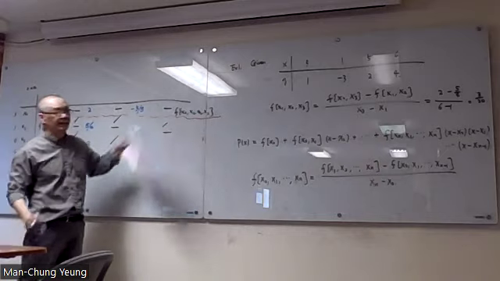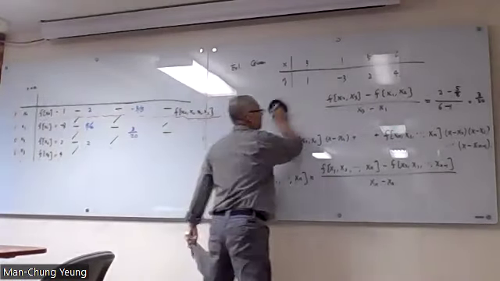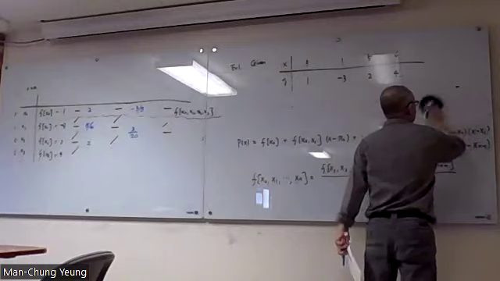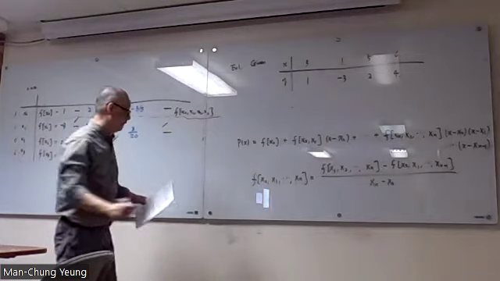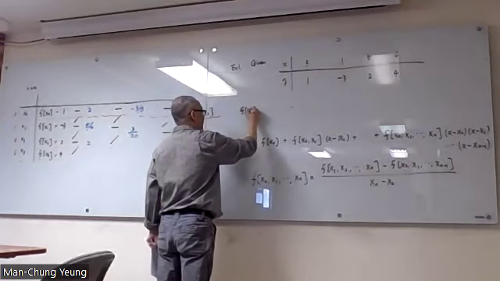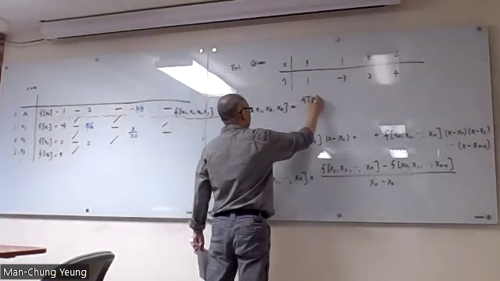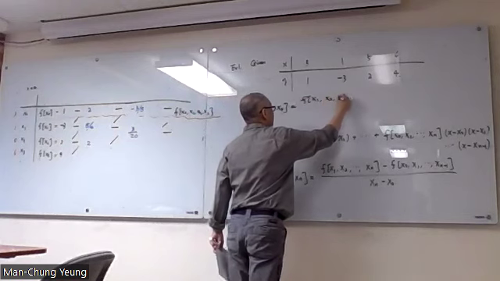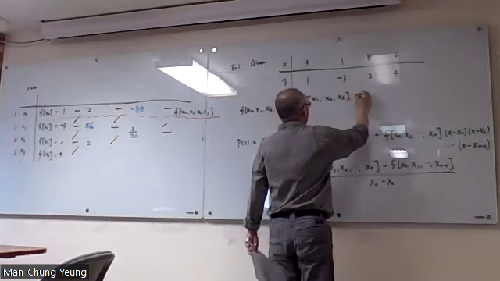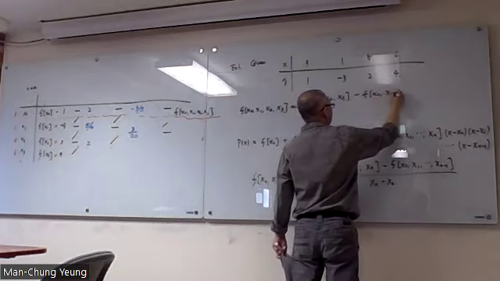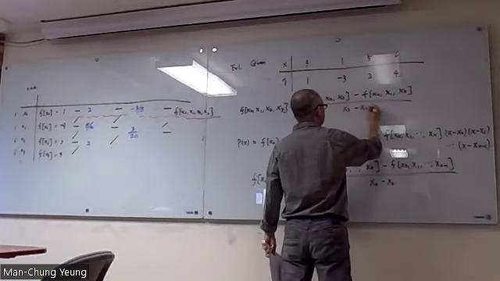Finally, compute that number. f[x0, x1, x2, x3] by formula is f[x1, x2, x3] minus f[x0, x1, x2], then over x3 minus x0.